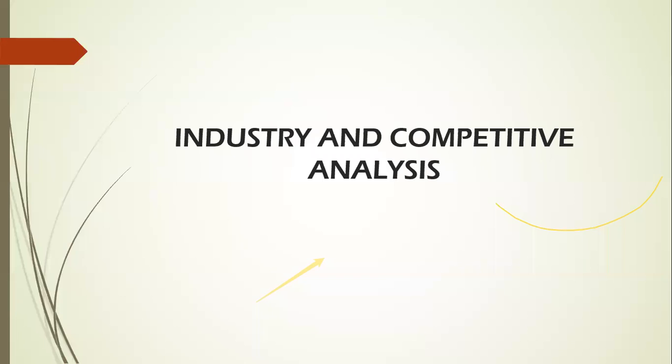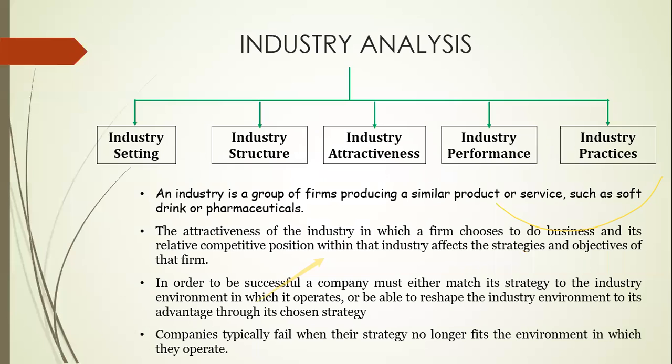Now, moving further, the next topic in our syllabus is industry and competitive analysis. So initially, let us look at the industry analysis. Now, before we look into this particular industry analysis, let us try to understand what is meant by an industry. What do we mean by an industry? So when you look at the first sentence, the definition is very clear.